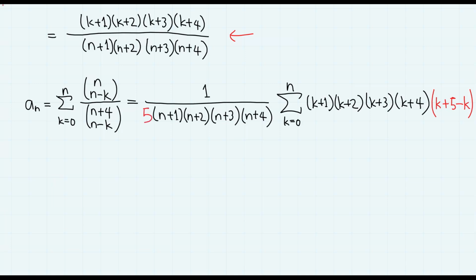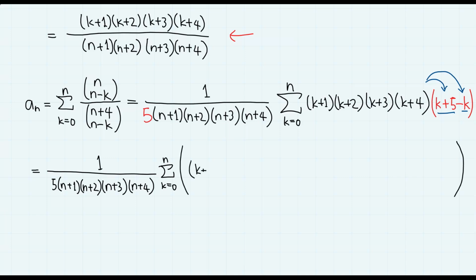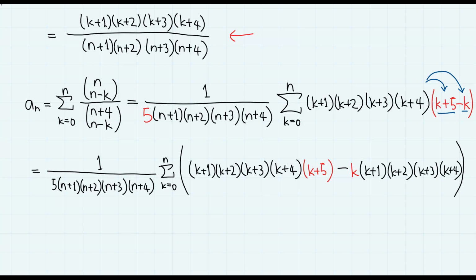This means that we need 5 here in the denominator. Then, distributing like this, we can write this as k plus 1, k plus 2, k plus 3, k plus 4, k plus 5 minus k, k plus 1, k plus 2, k plus 3, k plus 4.